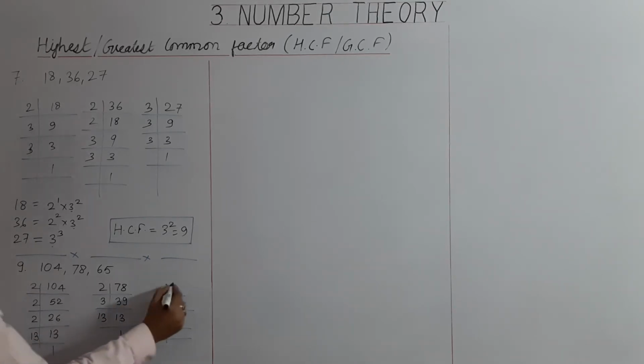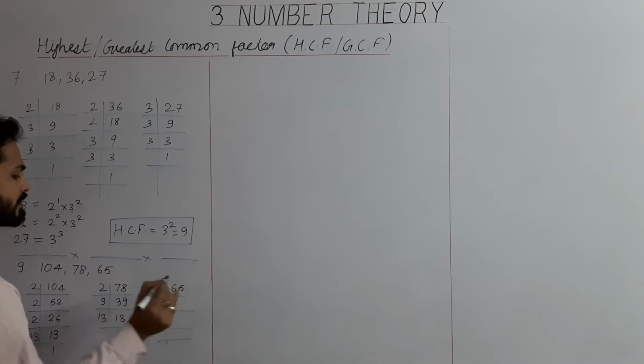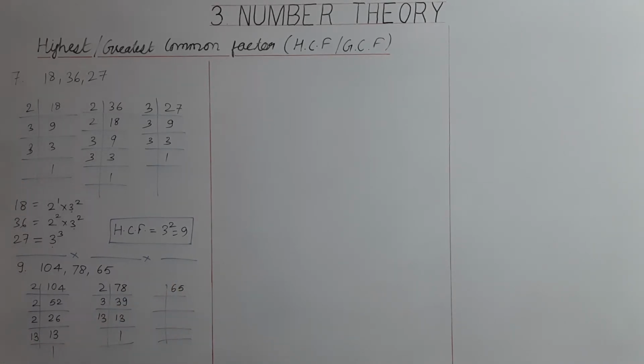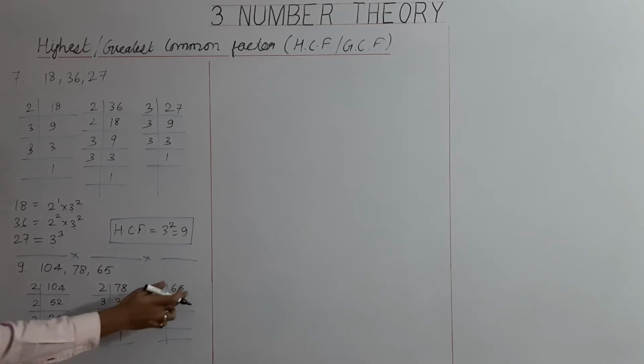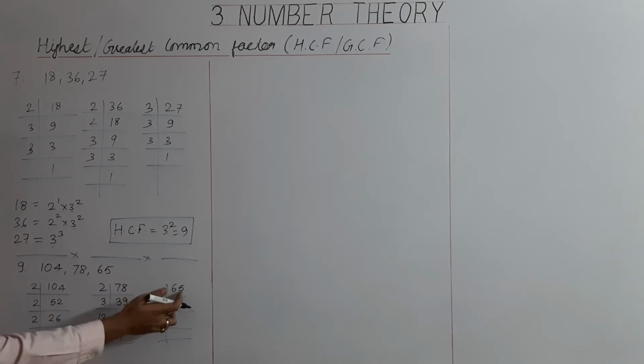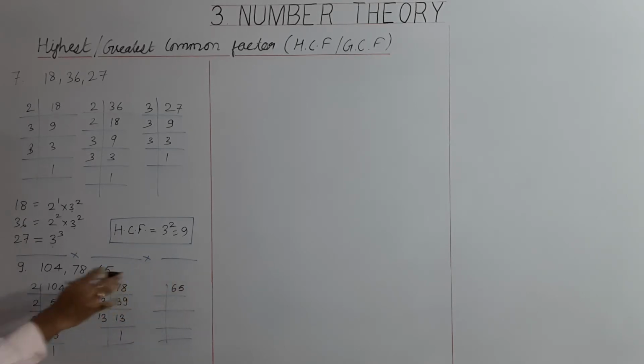Next number 65. 65 is an odd number, so it is not divisible by 2. Next prime number is 3. We'll check its divisibility by 3. Add 6 and 5. 6 plus 5 is 11. 11 is not a multiple of 3. It means 65 is not a multiple of 3. So we'll move to next prime number, that is 5.